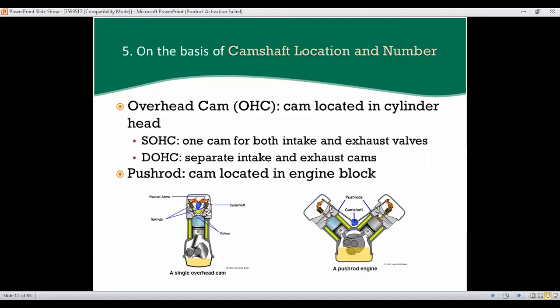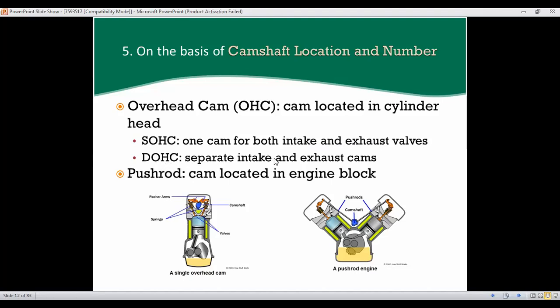Next, on the basis of camshaft location, where the camshaft is located, we can divide into overhead cam, OHC, where the cam is located in the cylinder head. SOHC has one cam for both intake and exhaust valve. See here.